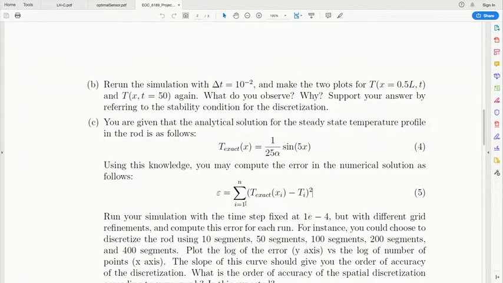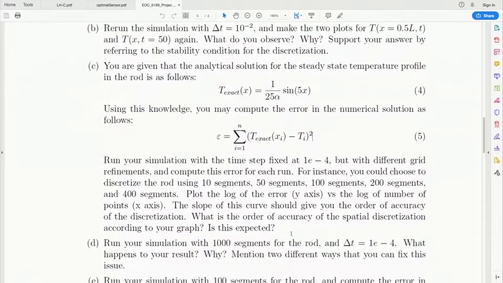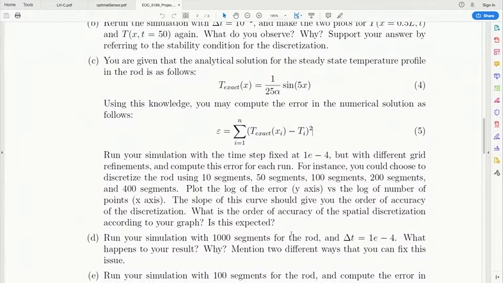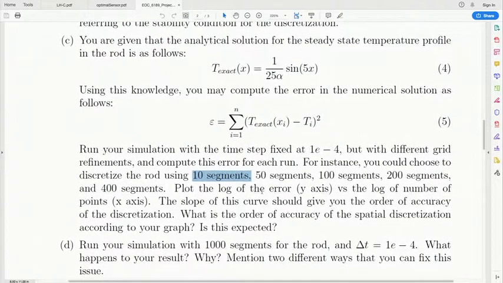So you're getting a total error for each time step. Exactly. For the next part, where you're calculating at different segments, should we compare the plots of the error for each time step to each segment?